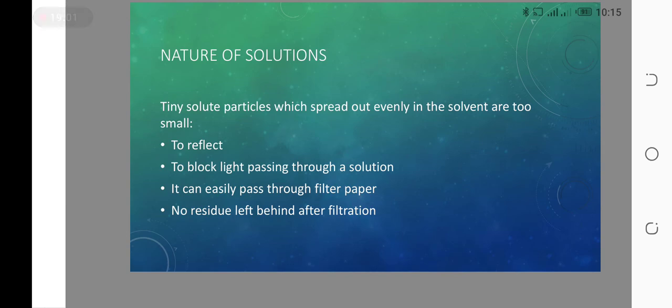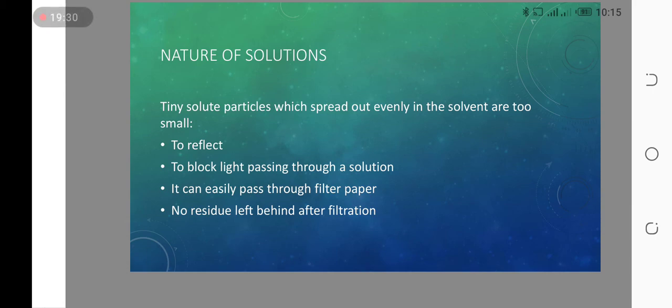And after that we have discussed different types of solutions in different states of solute and solvent, and we have also discussed their examples. We have also discussed the aqueous solution, and the most common solvent is water, and in aqueous solution water is used basically as a solvent.